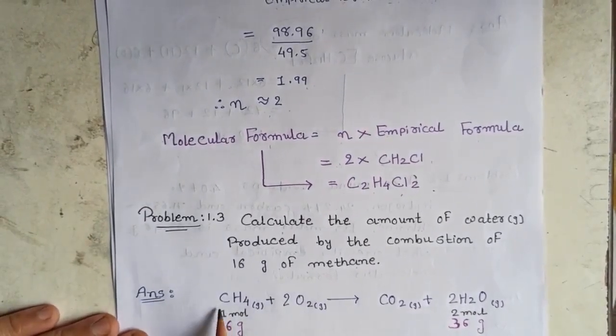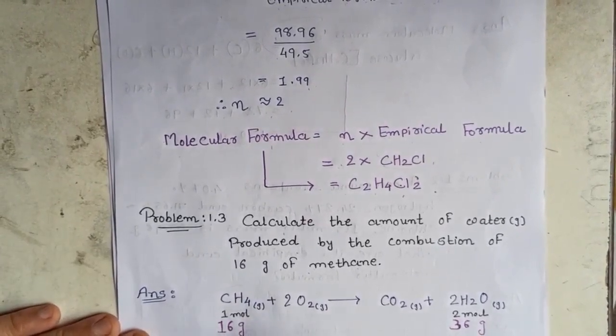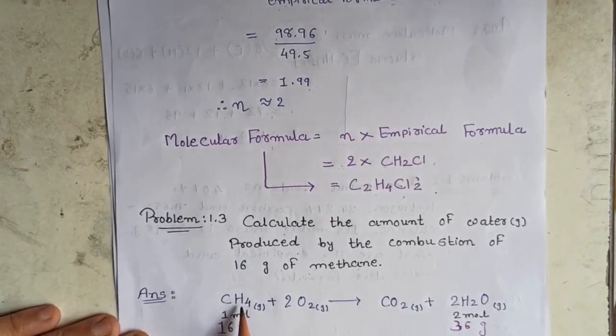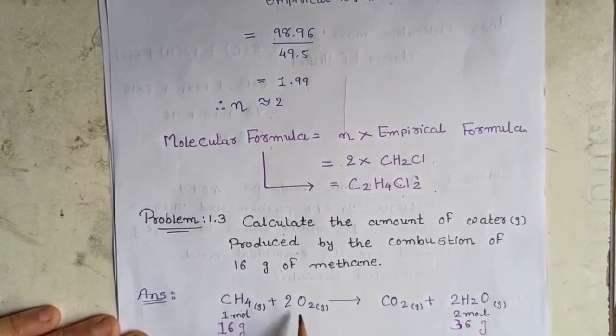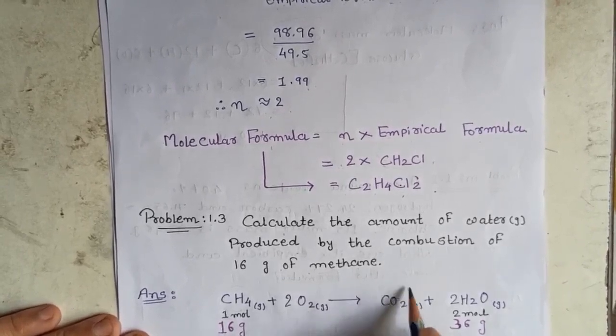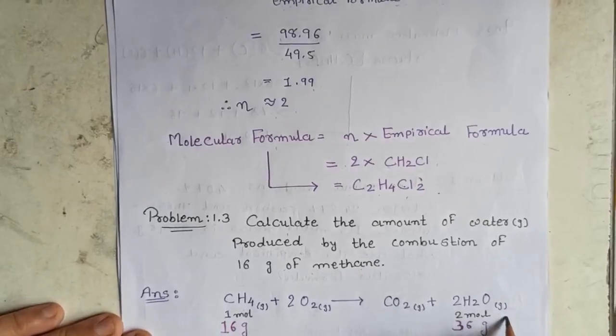So here we can write the combustion of methane. A combustion reaction always takes place in the presence of oxygen. The molecular formula for methane is CH4. So CH4 plus O2, it gives, as combustion of any substance gives carbon dioxide, CO2 and water, right?